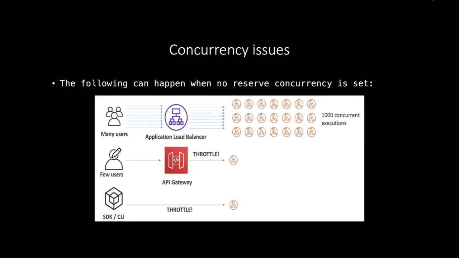That now means, of course, that if a user tries to trigger this Lambda over here, they're going to get a throttling error response. And similarly here, you're going to get a throttling response. That's probably not a good idea. It's probably better to at least have some processing done by all of the applications. So essentially, I'm making the argument that it's a good idea to set a reserve concurrency on all of your Lambdas, so that this kind of scenario doesn't arise.